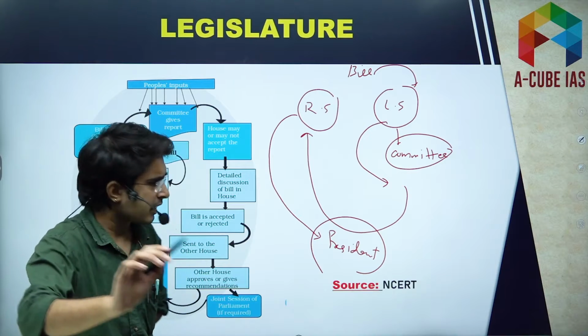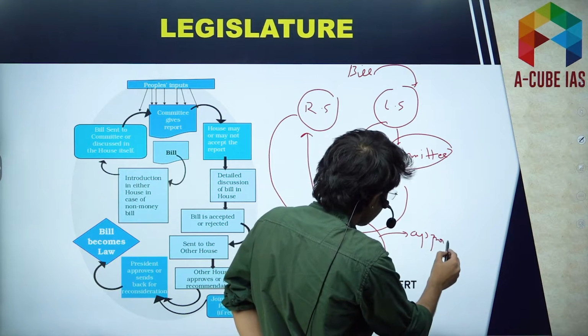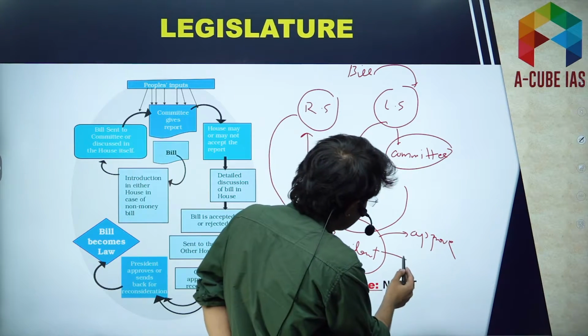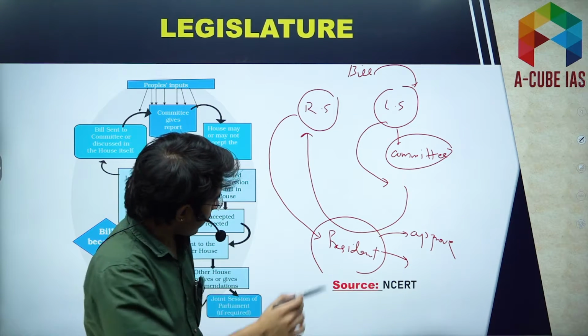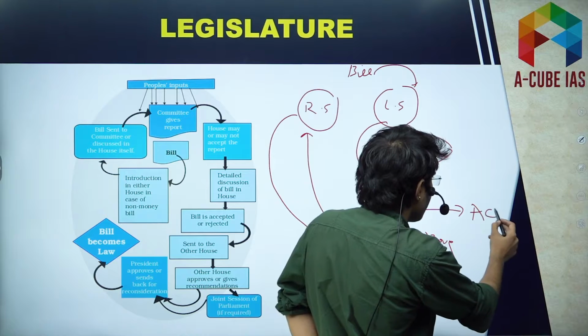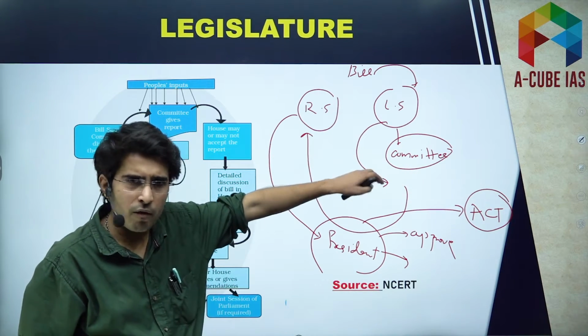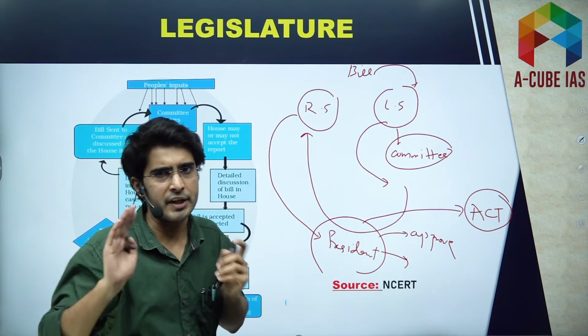President can either approve this bill, it means President can give the assent, or President can send this bill back for the reconsideration. Okay, so if this bill is passed by the President, then it becomes an act. So this is the process of the bill getting converted into an act.